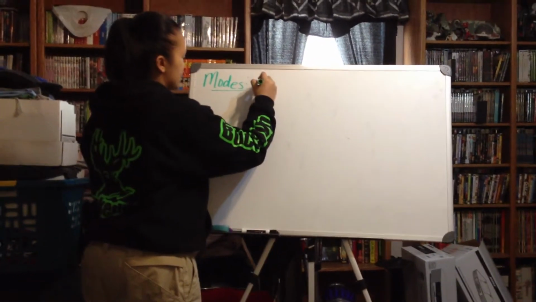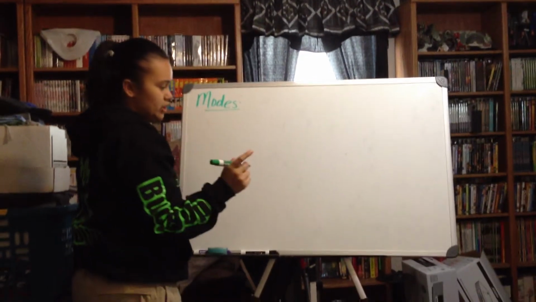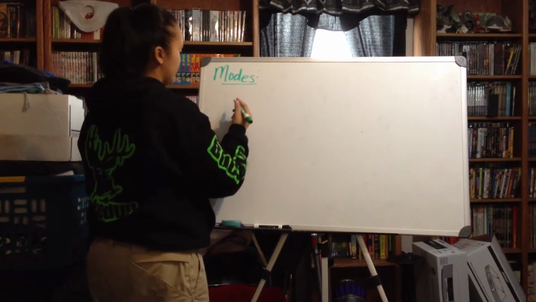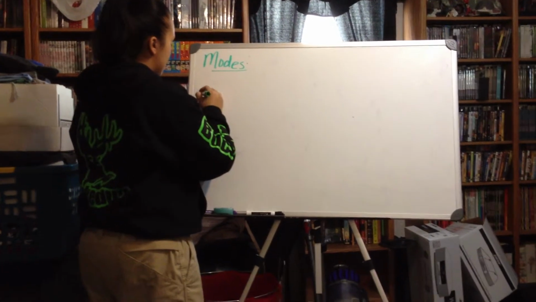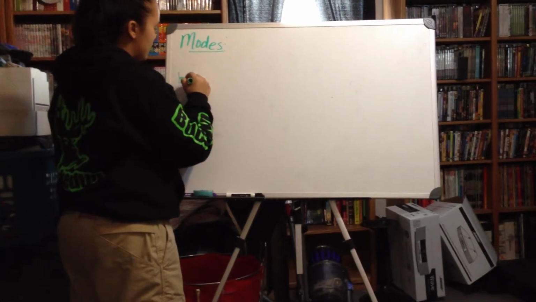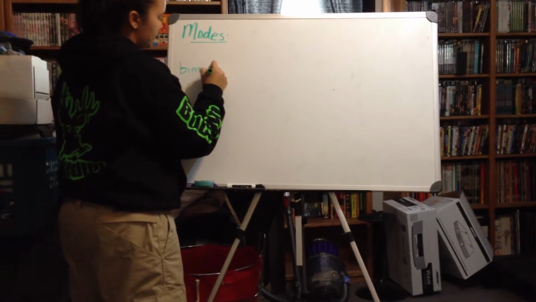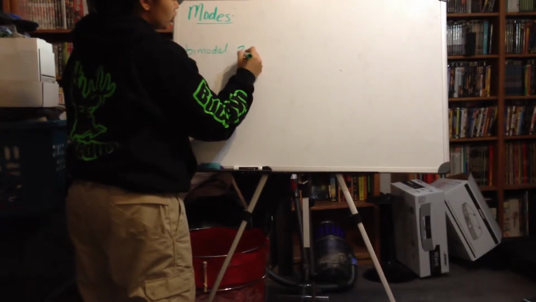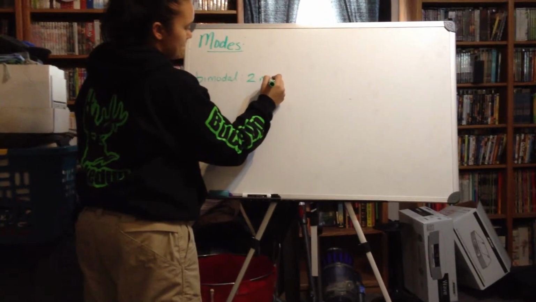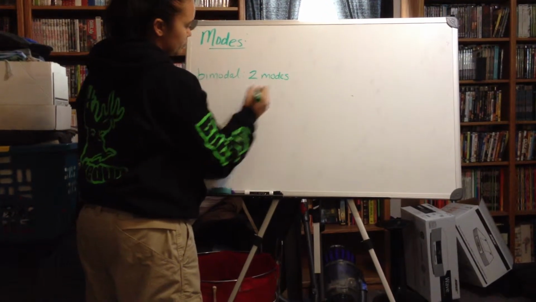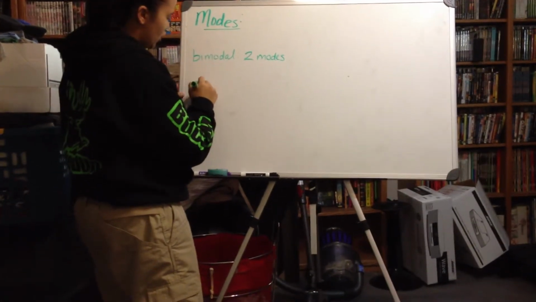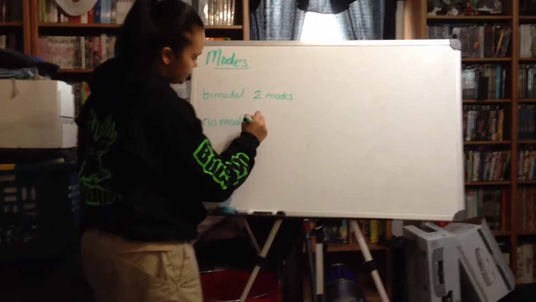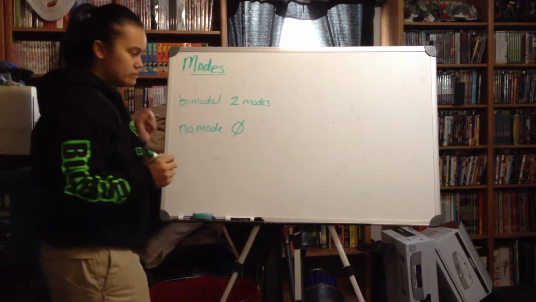Mode is the number that is most frequently used, if there is one. And we also have bimodal, which means there are 2 modes. And then we also have no modes, where there's none.